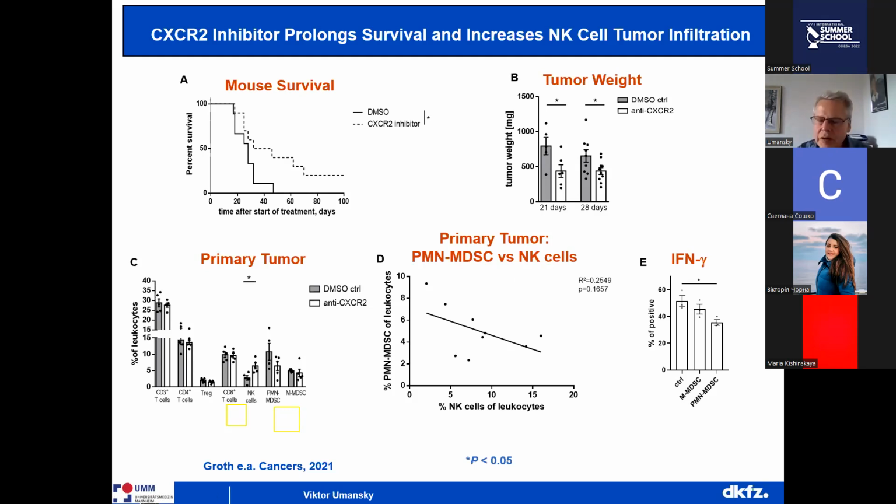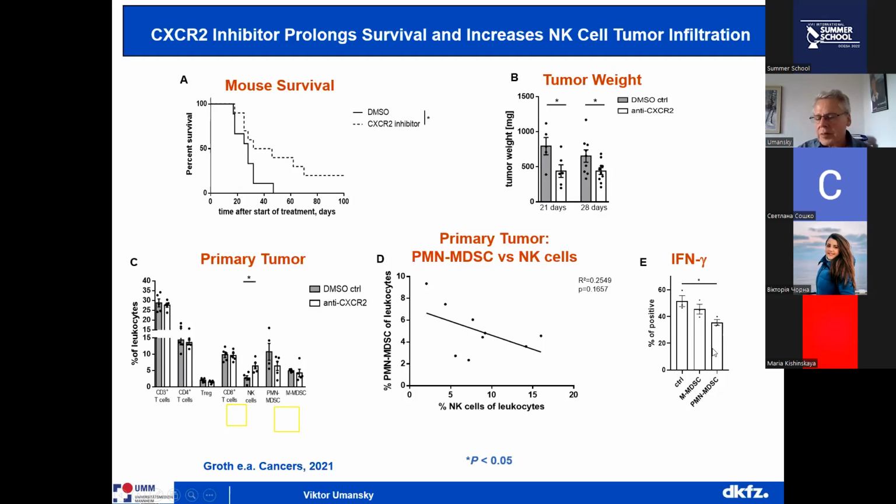And we found, after co-incubation of NK cells with isolated subpopulations of MDSC, monocytic MDSC or polymorphonuclear MDSC, that after co-culture with PMN MDSC, NK cells produce much less interferon gamma, which is a characteristic of their function.